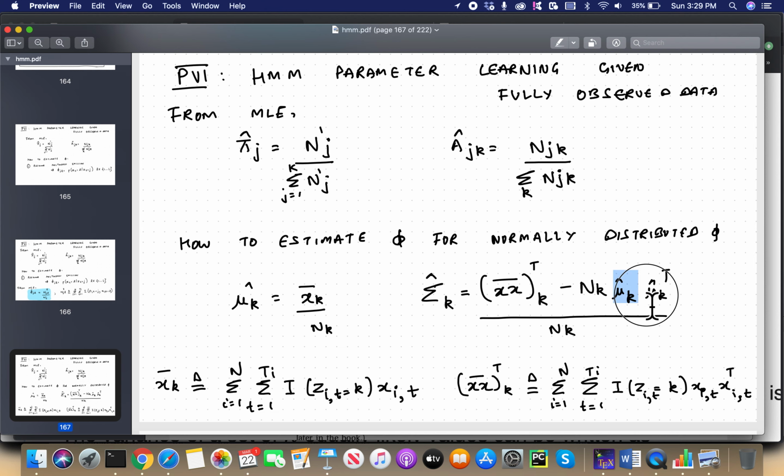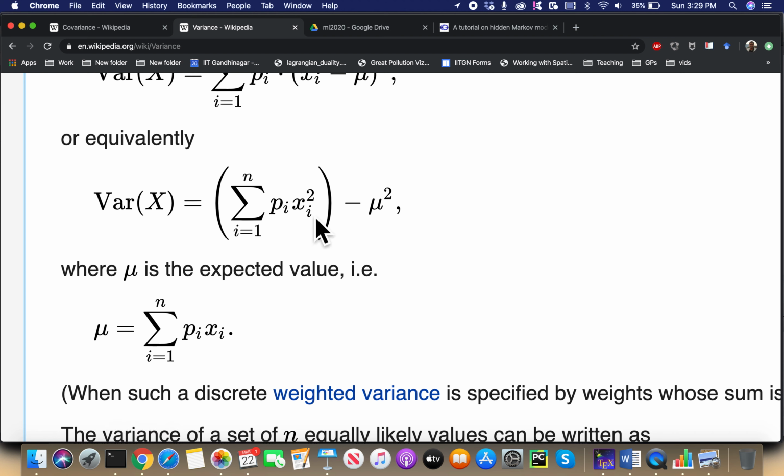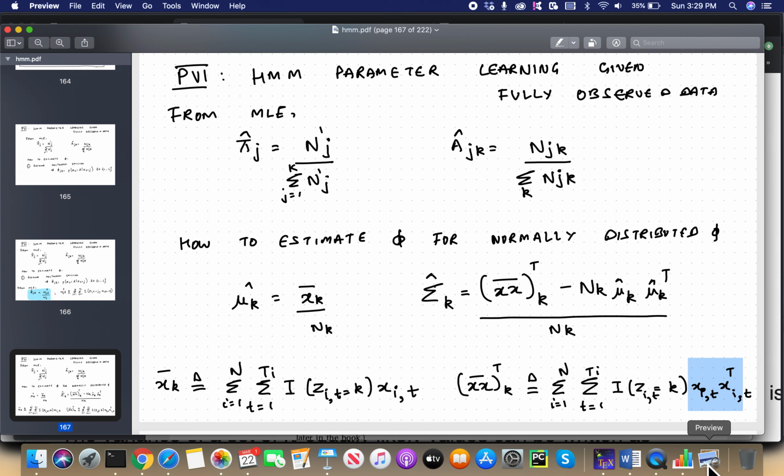You have mu squared, that is mu squared into nk divided by nk, which is just mu squared, and you have an x squared kind of term divided by nk, which is effectively an xi squared term multiplied by a pi term, which in this case is 1 over n.